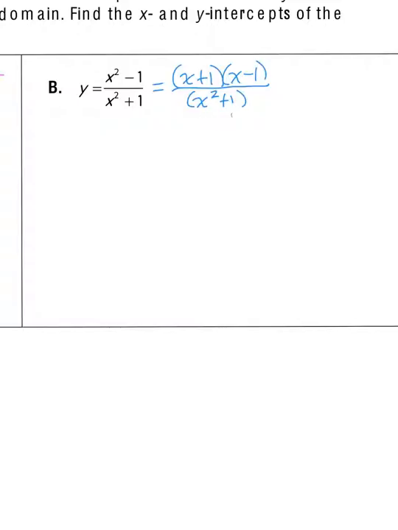And in fact, if I try to set the denominator equal to 0, let's just try to find any discontinuities. So I'm going to take the x squared plus 1 and set it equal to 0. There is no way that I can make x squared into a -1 so that it combines with 1 to make a 0.